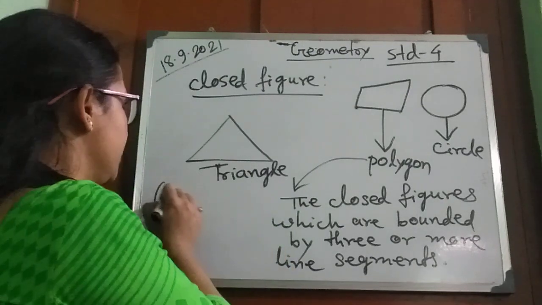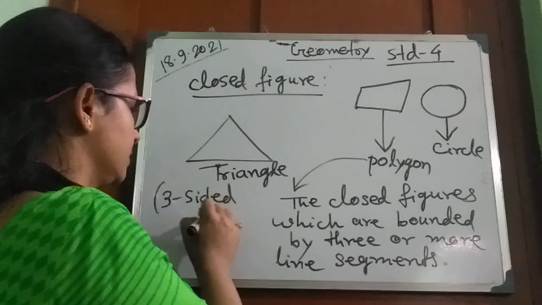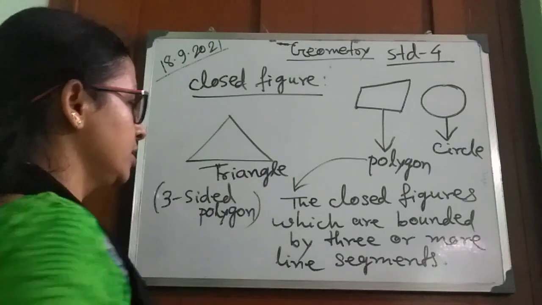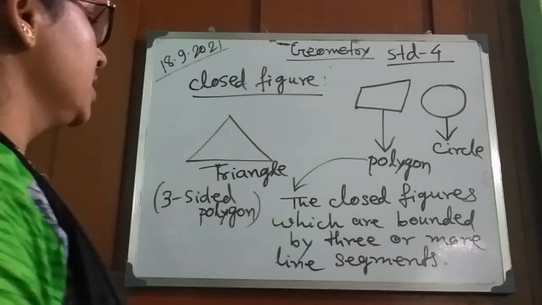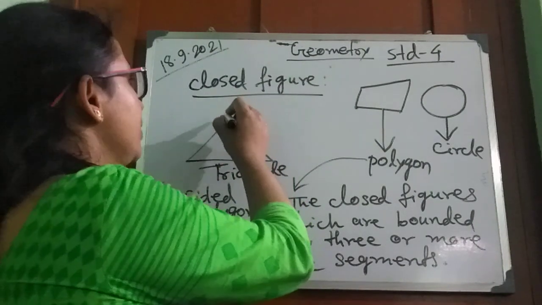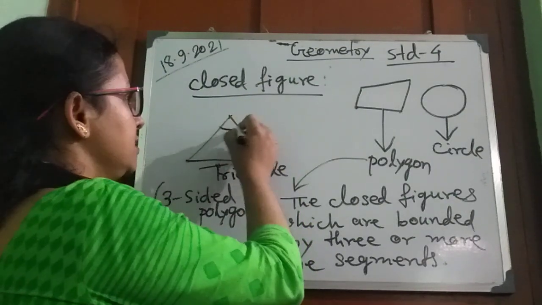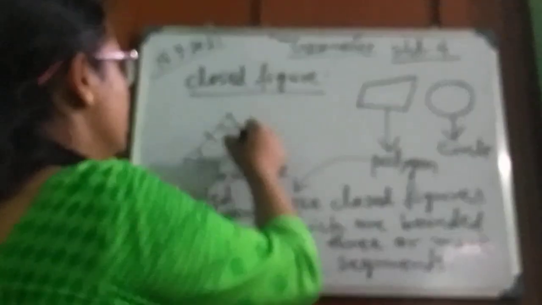Triangle means three-sided polygon. So in this triangle, you can see there are three corners and three line segments also.